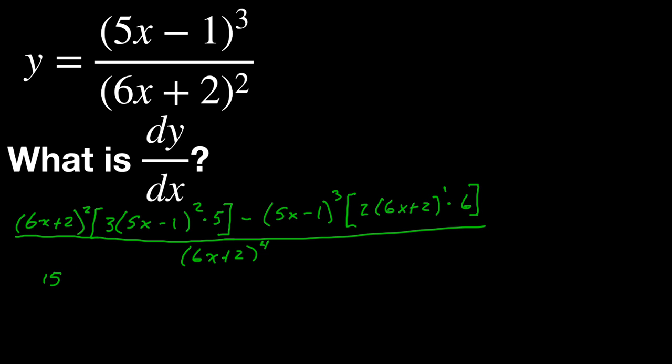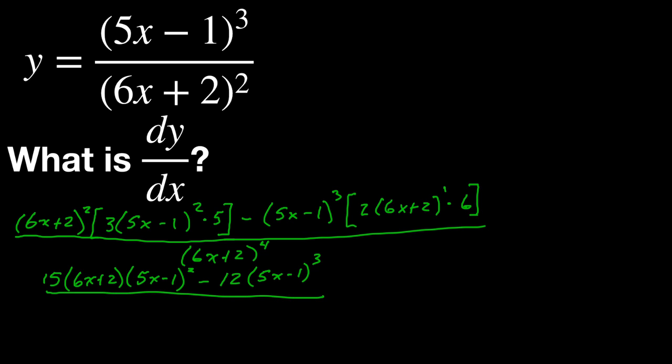So that's going to leave us with a (6x plus 2) to the first power up here, and a (5x minus 1) to the second power, minus, we got a 12 for a coefficient. The 6x plus 2 cancels altogether, so all we're left with is a (5x minus 1) to the third power. And down here, one of the (6x plus 2)'s canceled, so this is now to the third power. And that is our derivative for that function.